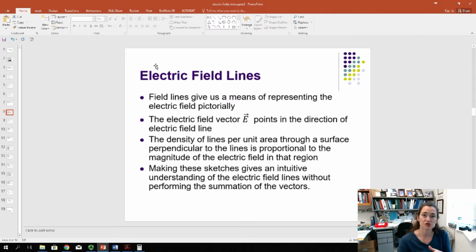So you'll represent your electric field lines as arrows, with the arrowhead pointing in the direction of the electric field. It's also important to remember that the density of the lines per unit area through a surface perpendicular to those lines is going to be proportional to the magnitude of the electric field in that region. So if you have a stronger electric field, your electric field lines should be denser and more closely packed than in a region where the electric field isn't as strong.